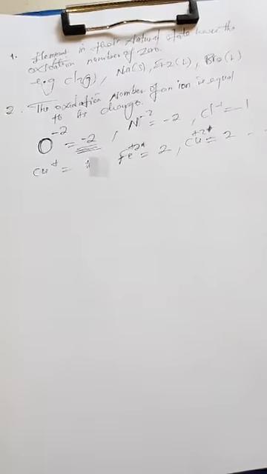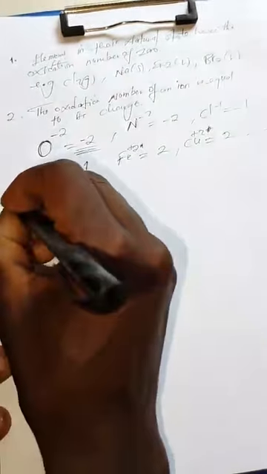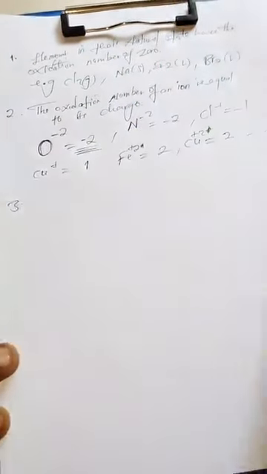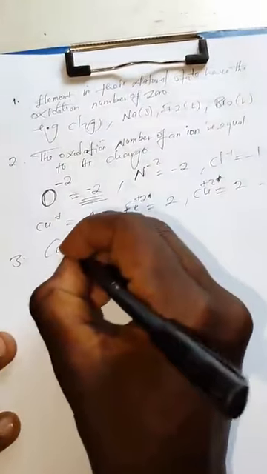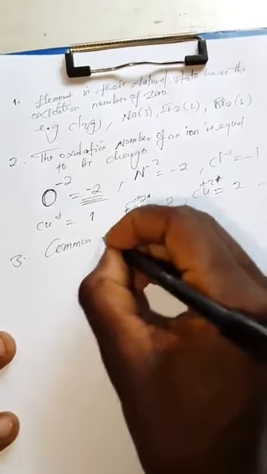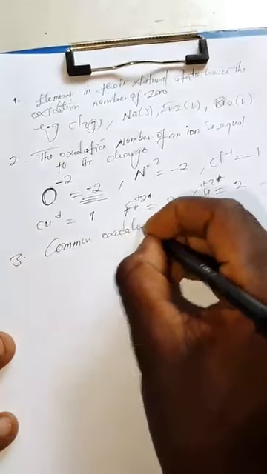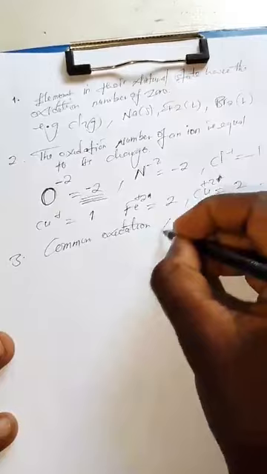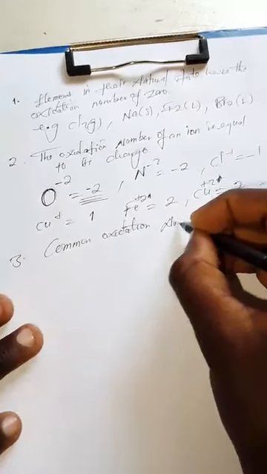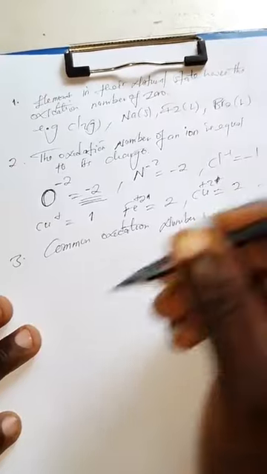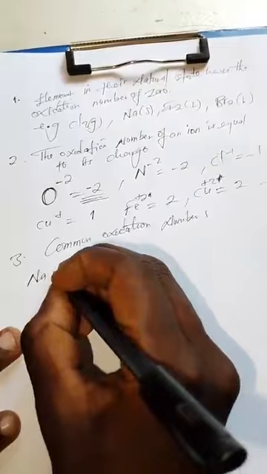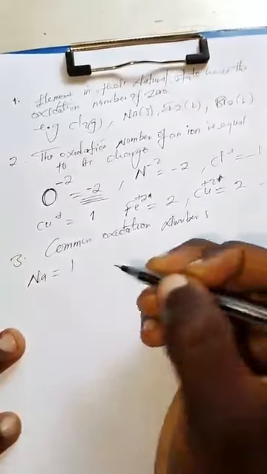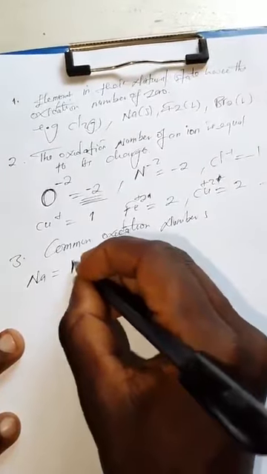So what about the common oxidation numbers? We need to know the common oxidation numbers also. Let's say you have sodium. Sodium has an oxidation number of positive 1, as long as it's in group 1.